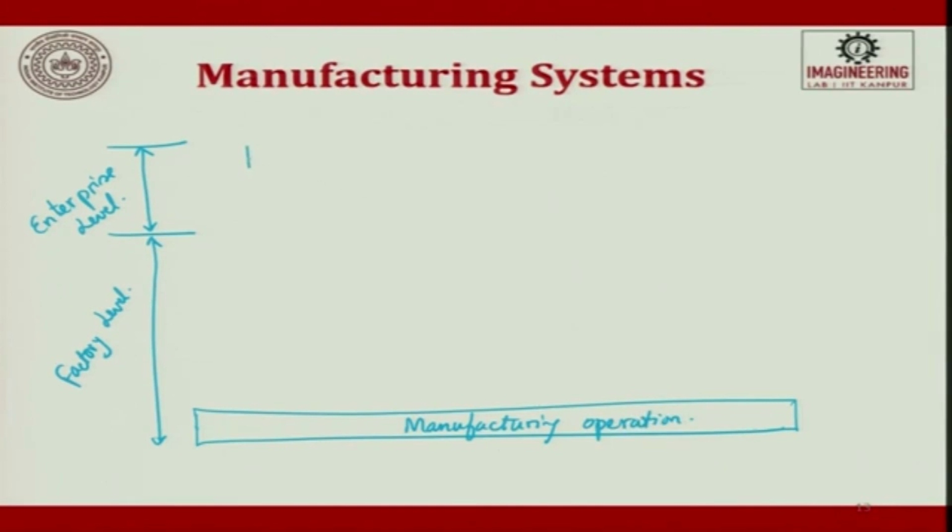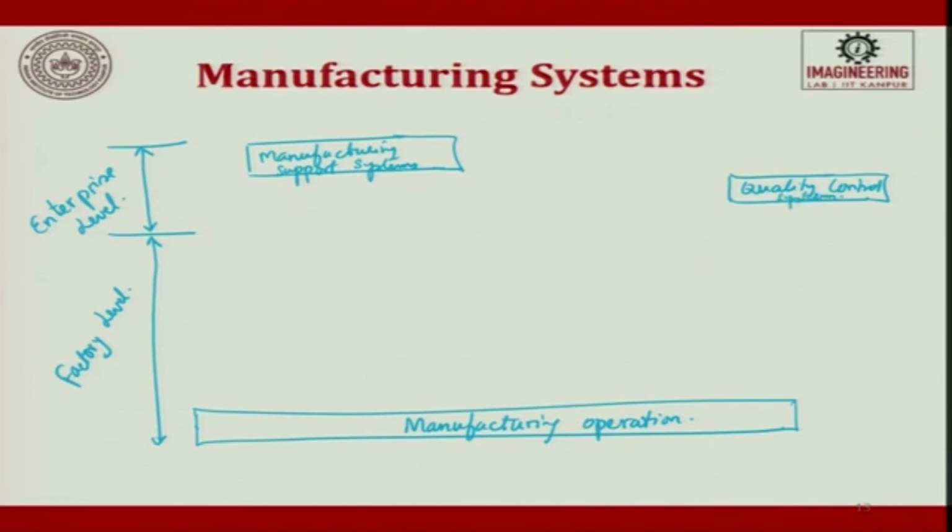So, you will have manufacturing support system, then you have quality control system, you have manufacturing system, so all these things are linked.